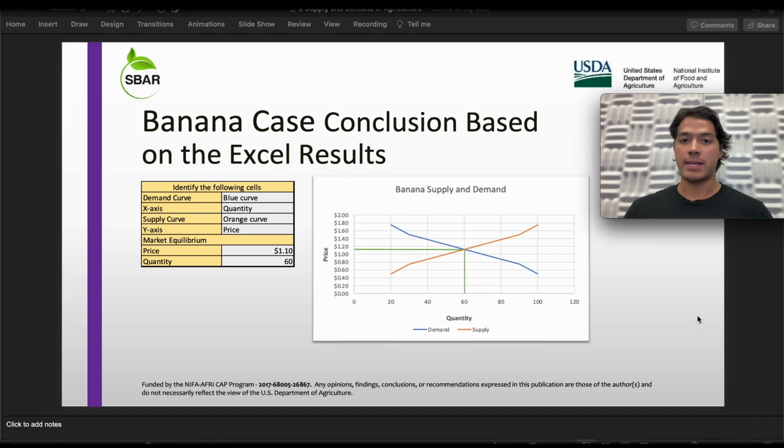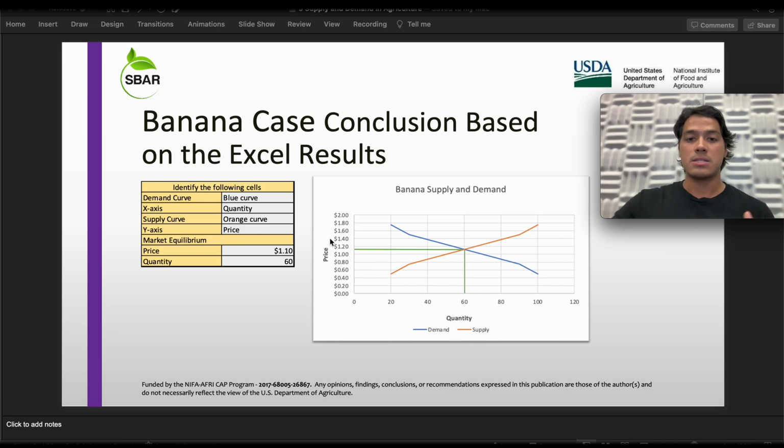We have the banana case conclusion based on the Excel results. Same thing, after we analyze, select, and generate the supply and demand graph for this market, we have that the demand curve is going to be the blue one, same as the other one. The axis is going to be the quantity, and then the supply curve is going to be the orange one, which is right here, this one.